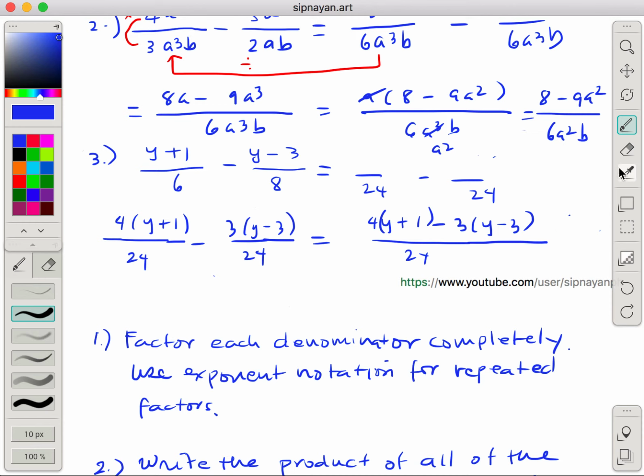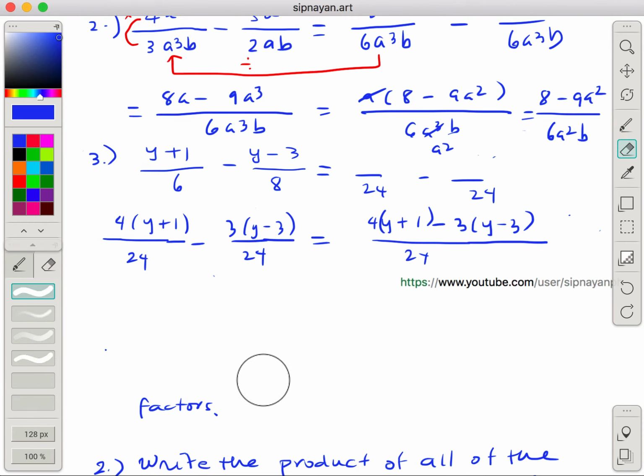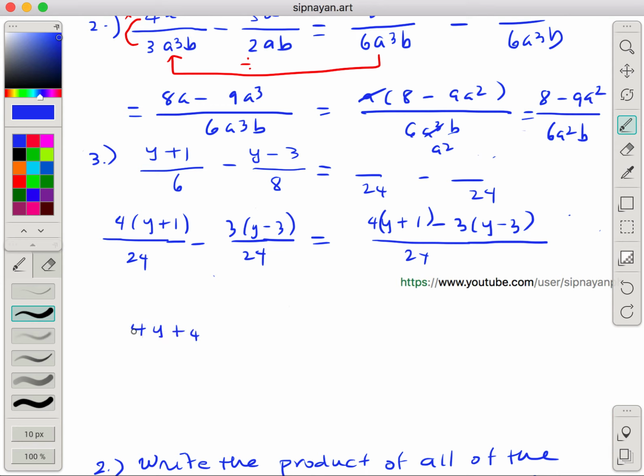So, simplifying, we have distributing 4 and 3, we have 4y plus 4, no?